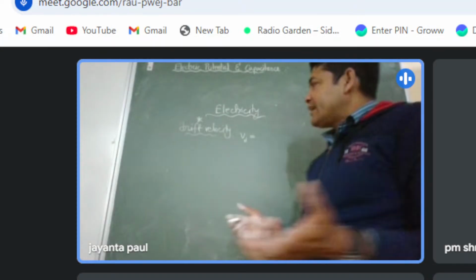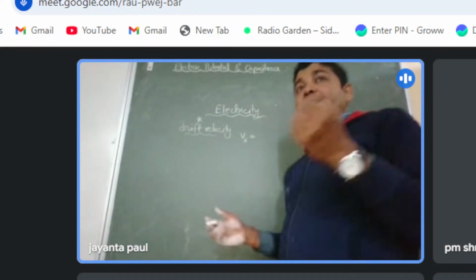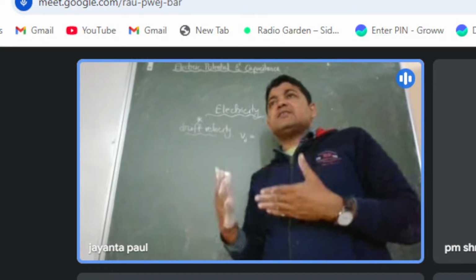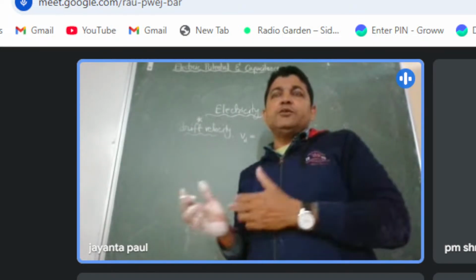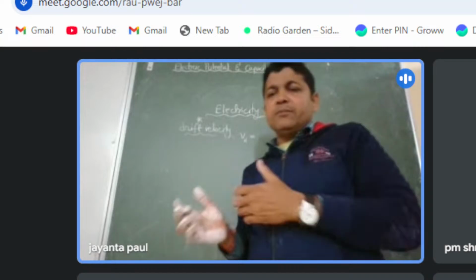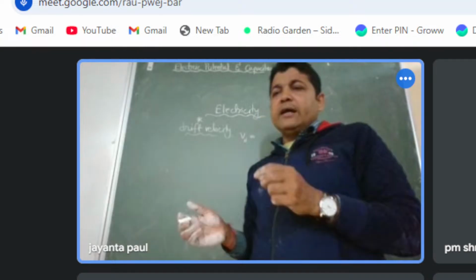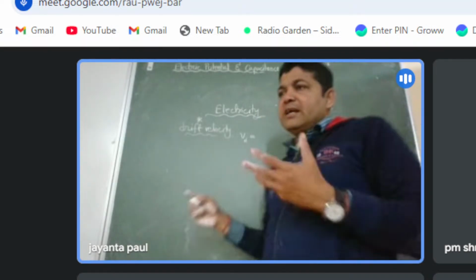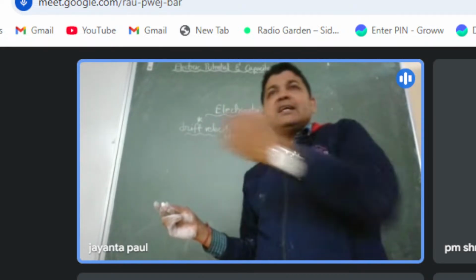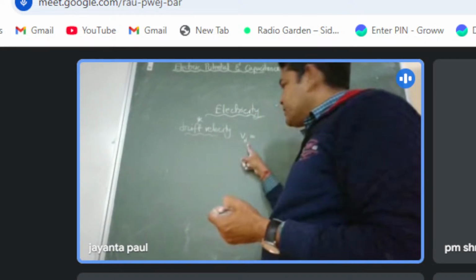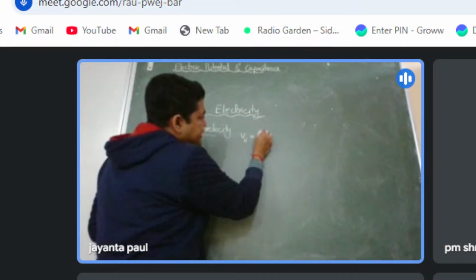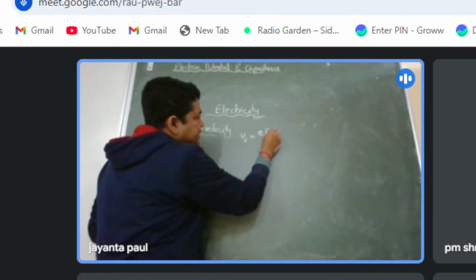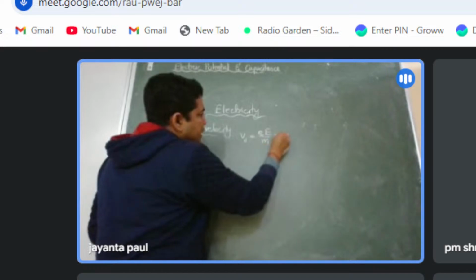The electrons are actually moving with a very large speed, but because of the number of collisions, their speed is reduced to a very low value, and that velocity with which the electrons move against the electric field is called drift velocity, and that drift velocity comes out, for an electron, small e capital E by m into tau.